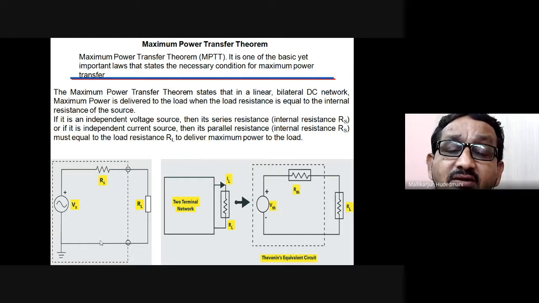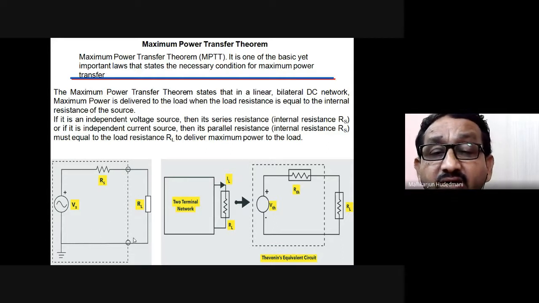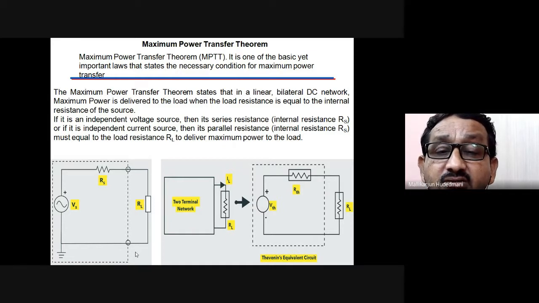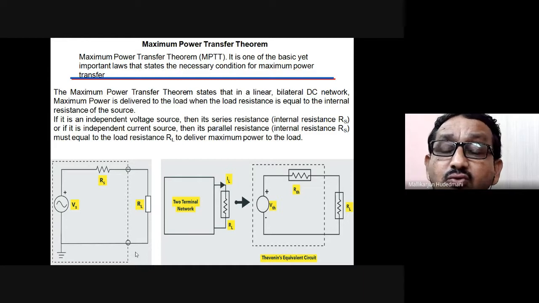Once we identify the VOC using circuit theory, we need to identify across the same points Thevenin's equivalent resistance representation, applying the conditions: short circuit all those voltage sources, open circuit those current sources, and leave the dependent sources as they are. Then measure the equivalent resistance across the points and call it R Thevenin.